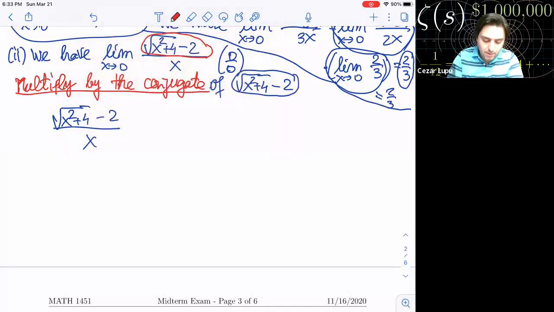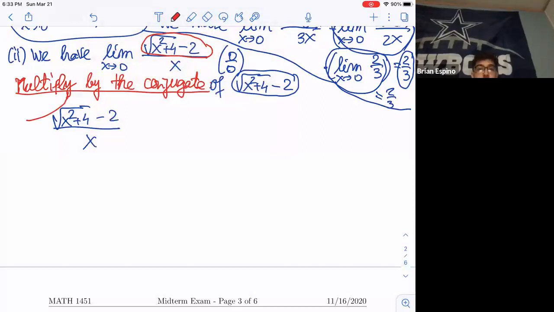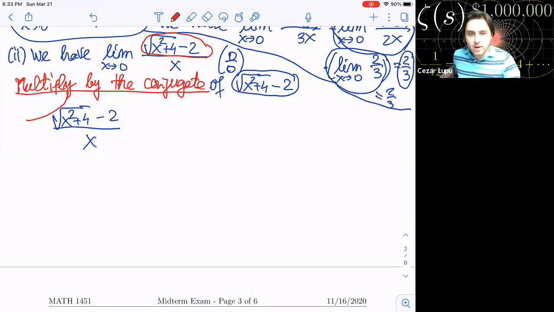So we're going to multiply by the conjugate. So what is that conjugate? Tell me. The square root of x squared plus 4 plus 2. Exactly, correct. We changed negative 2 to plus 2. So this will be the square root of x squared plus 4 plus 2. And let's see, what do we get?